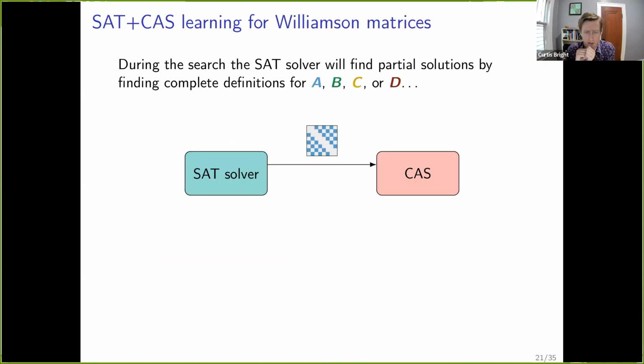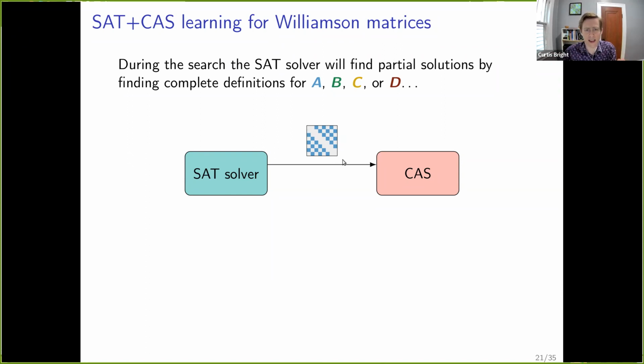So here's how the system's going to work. As the SAT solver is running, it's finding partial solutions. Some variables will be set to true, some to false, other variables will be left undefined for now. So we have a solution that is not complete, but at least satisfies the constraints up to a point. Eventually it's going to come to the point where all the entries in one matrix are defined.